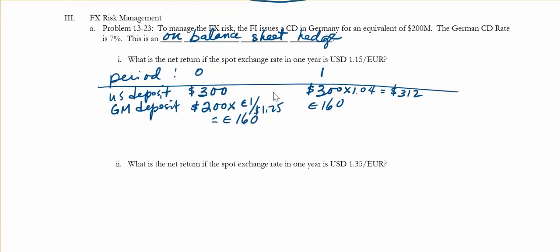Right, so let's look up what interest rate we would have to borrow in Germany at. The German CD rate is 7%. So we would owe 171.2 million euros.